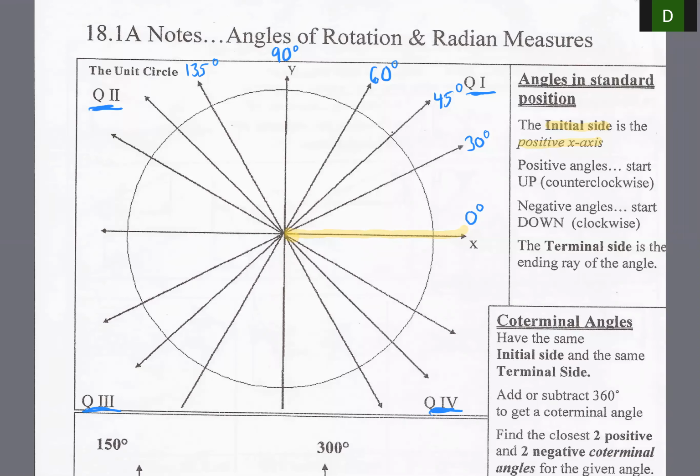Wait a second, oh, I skipped one, sorry. Let's backtrack. I skipped 120. So 120 degrees, 135 degrees, 150 degrees. And when you're halfway around the circle, you guys know that's a 180 degree rotation.